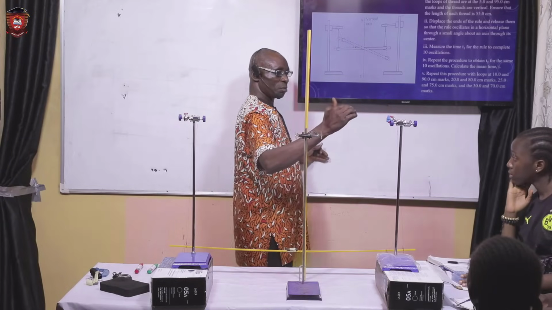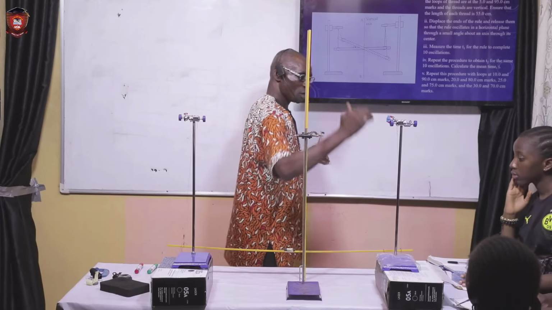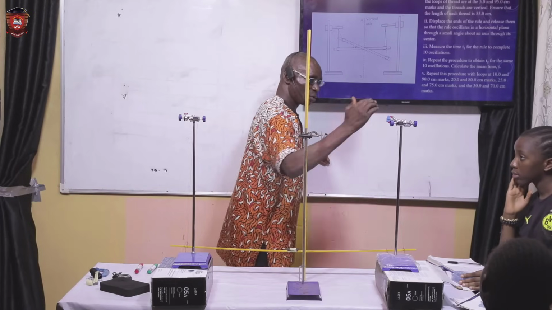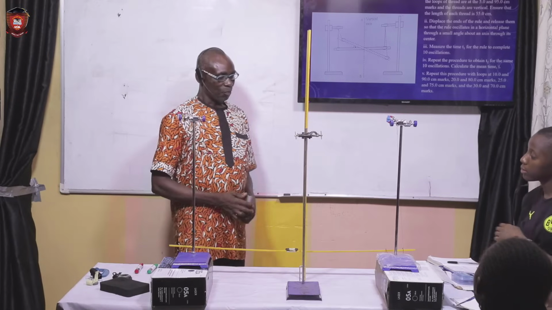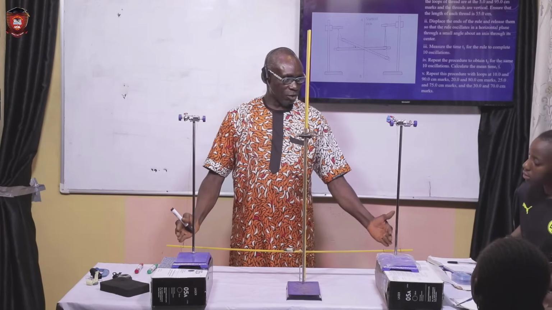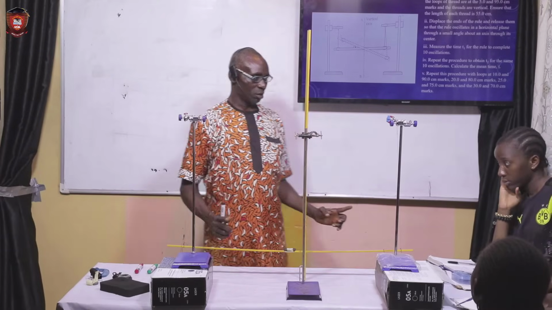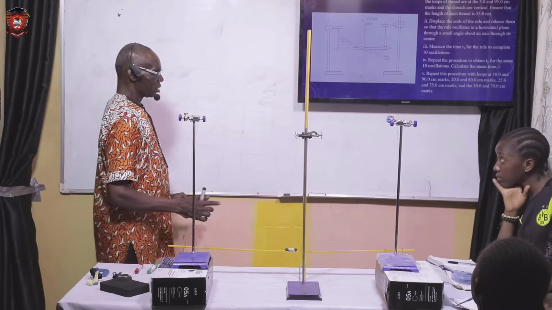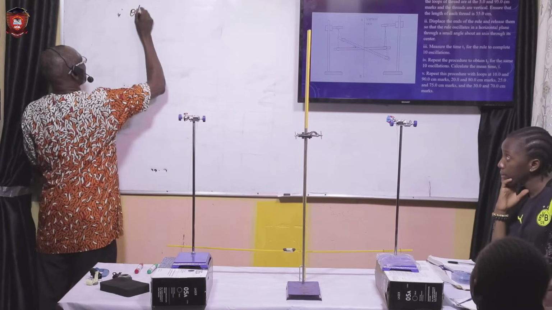That is from 90 to 80, 70, 60, 50. It is another experiment, the same experiment. Either the distance of the meter rule is maintained or the height is maintained. The same thing.